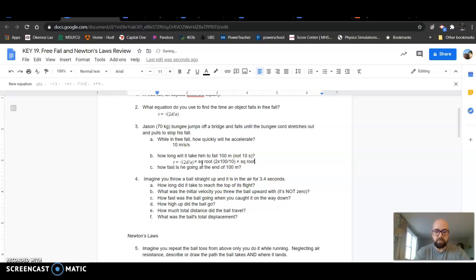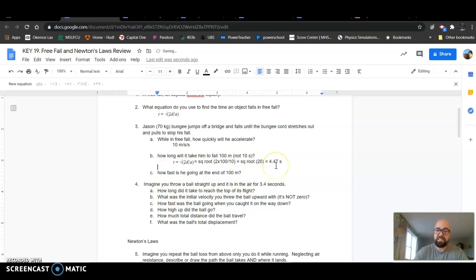So square root of 200 divided by 10 is 20. And the square root of 20, let's see, it's got to be between 4 and 5. Let me plug that into the calculator really quick. So 20 square root, 4.47 seconds.